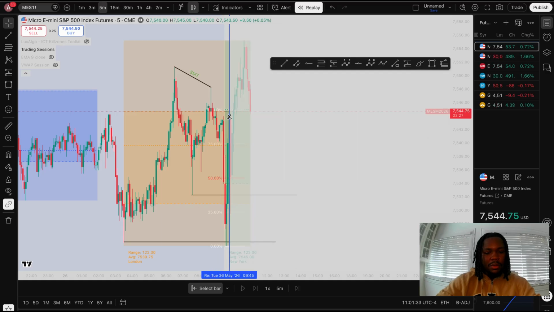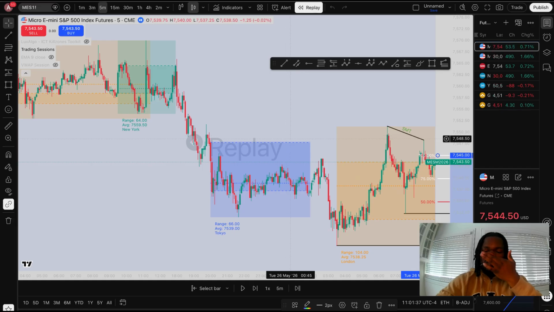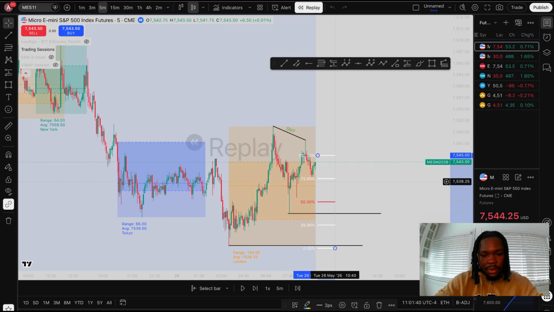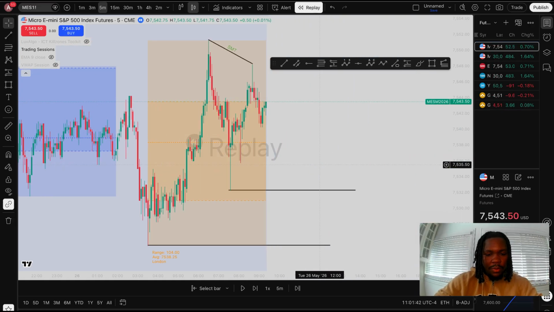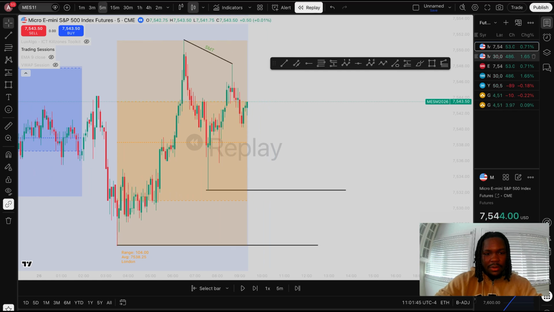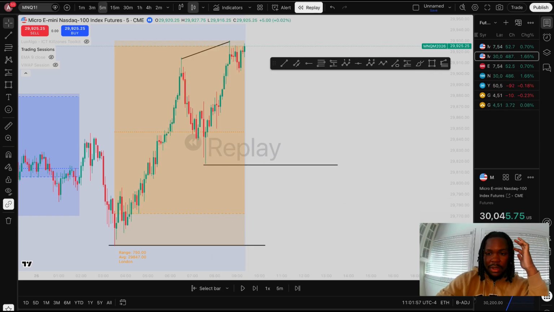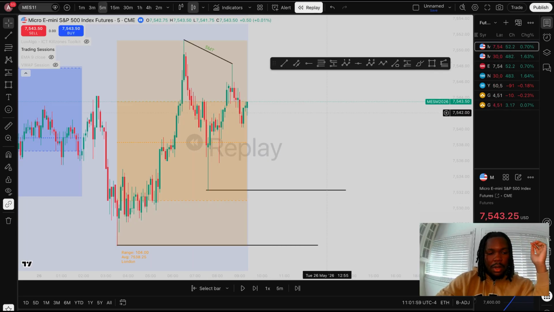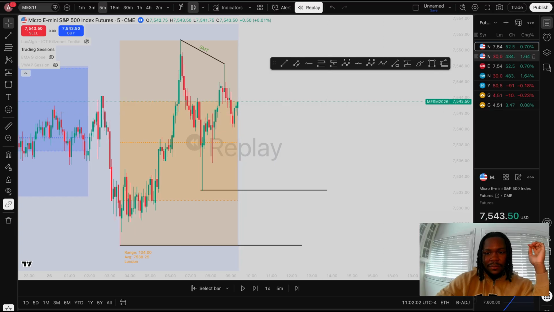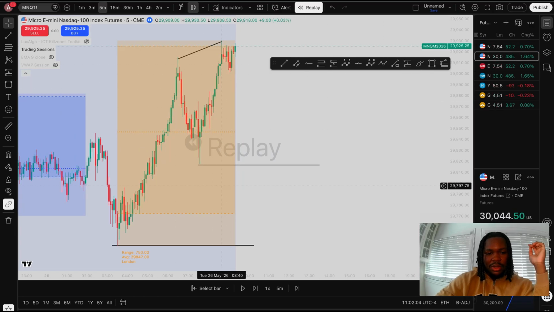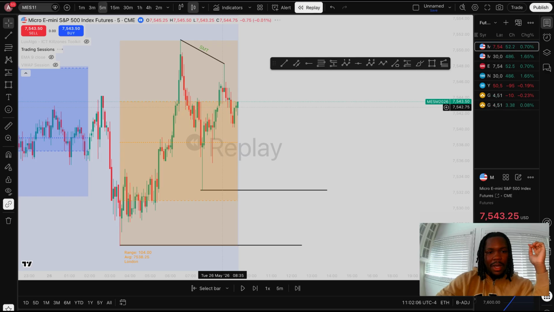Instantly off market open, I seen that there was an SMT divergence created between MES and MNQ, which means price was gonna want to run lower to take out levels of liquidity on both indexes. I would have loved to have caught an entry to the downside off these, but I did not.